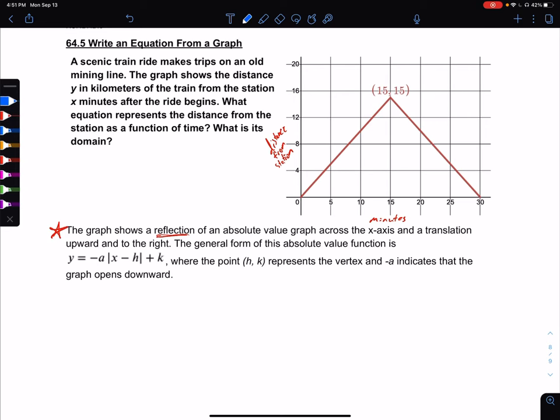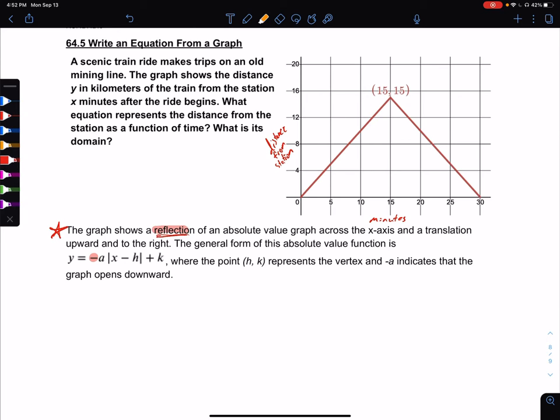Now, this negative is in terms of the reflection. So sometimes you're going to see this function without a negative there, and that's just a more standard general form. But because we know this is a reflection, the book is already throwing that negative in there for us.